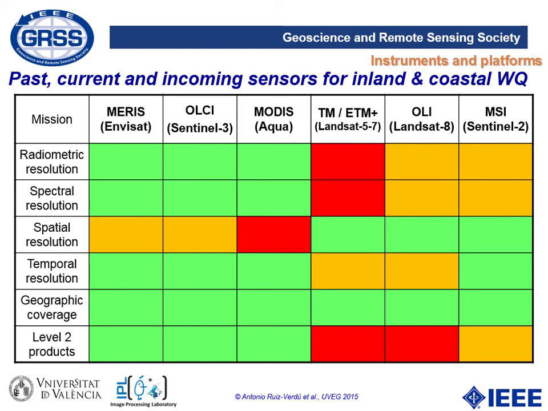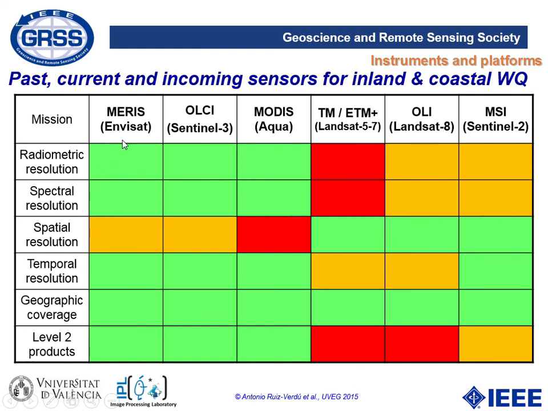Well, this last table summarizes some of the most used satellite sensors for studying water quality. And the colors indicate how adequate or inadequate the sensor could be for this particular feature.